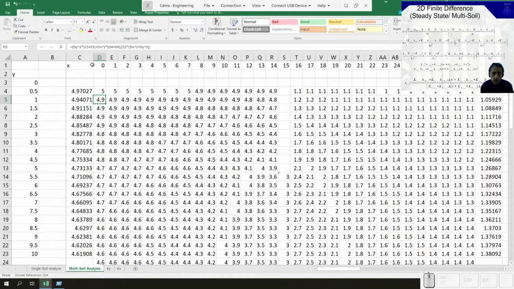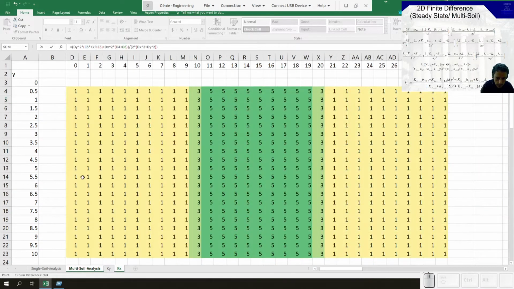And so we have to change, so we have to go into kx here. So kx of the neighbor, so we go to kx's, and the kx's will have one less column, correct?